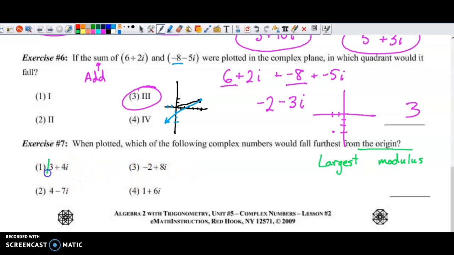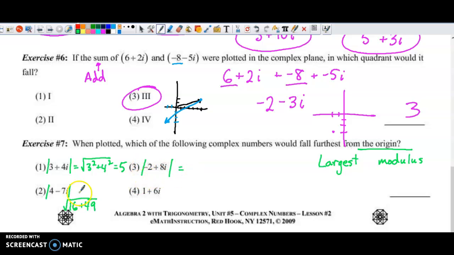Let me put my absolute value symbols in there and see which one's the biggest. Okay, so this one's going to be 5, so it's not very large. If we look at the other ones, we're looking at the square root of 4 squared, 16, and 49. Pretty large, although let's look at this one.